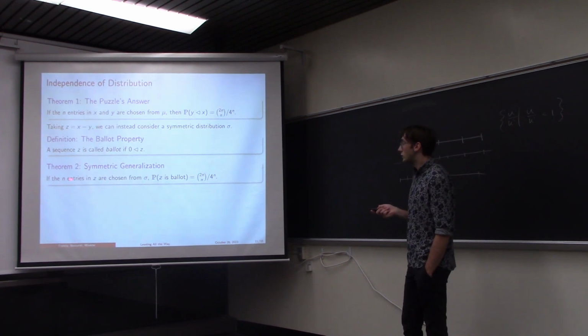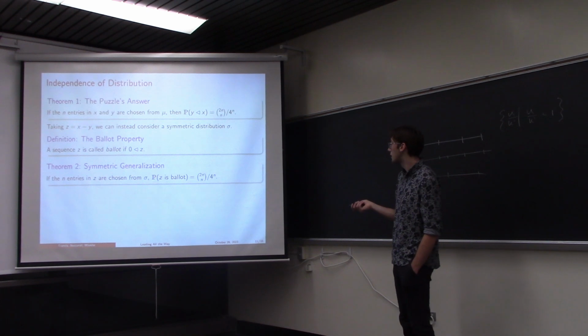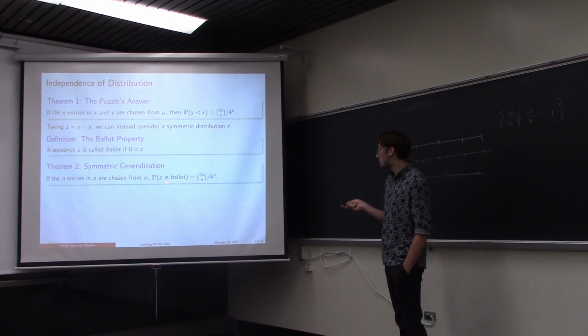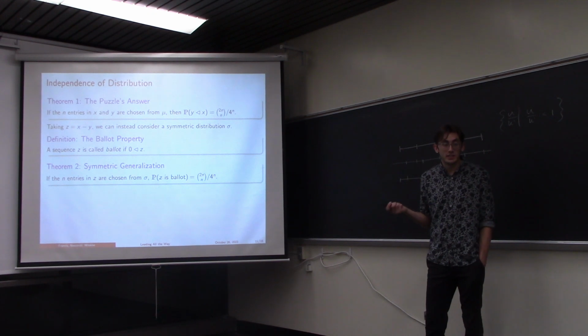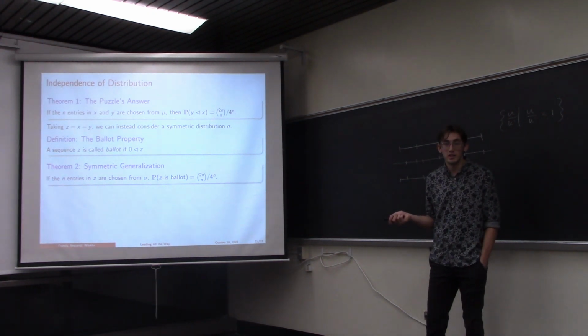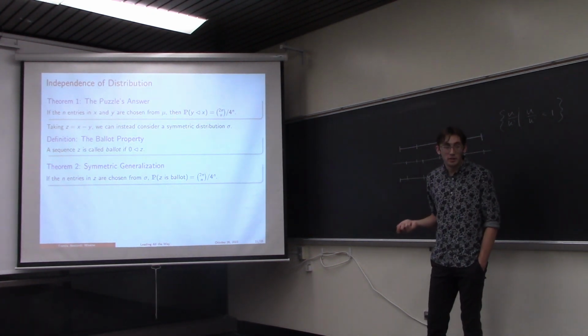If the n entries in Z are chosen from sigma, a distribution that is continuous and symmetric, then the probability that Z is ballot is 2n choose n over 4 to the n. And in order to do this, we have to stop talking about distributions, because the distribution doesn't matter.